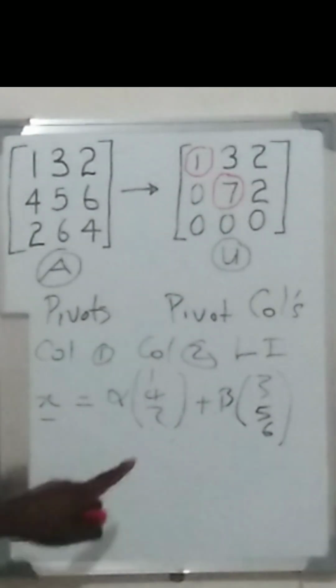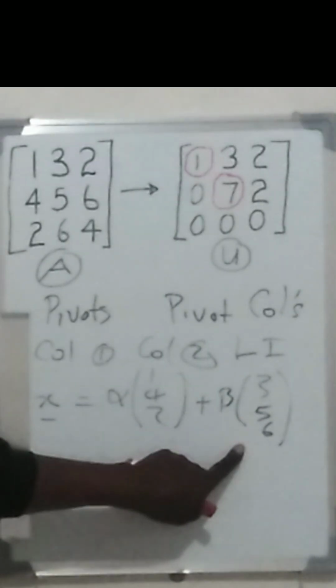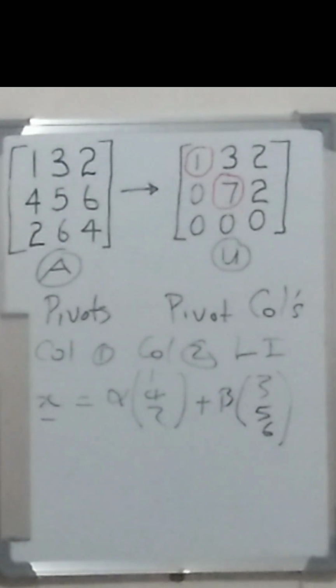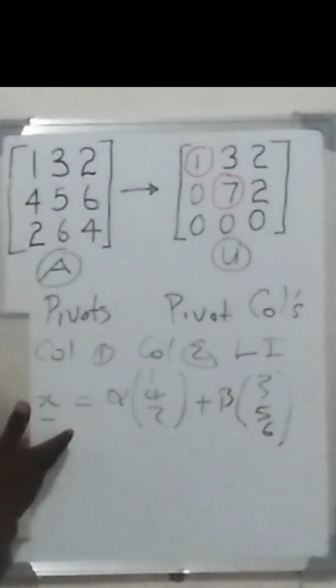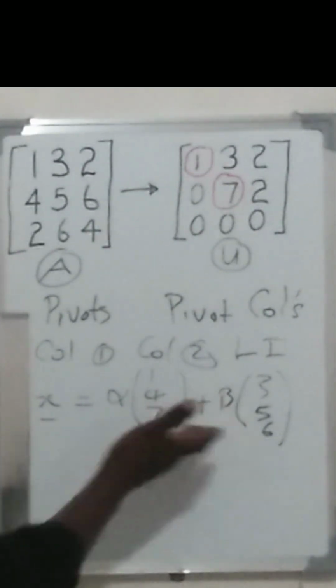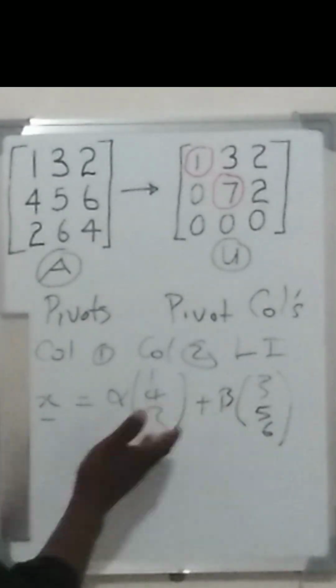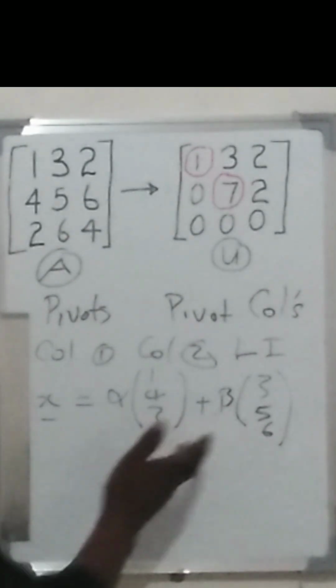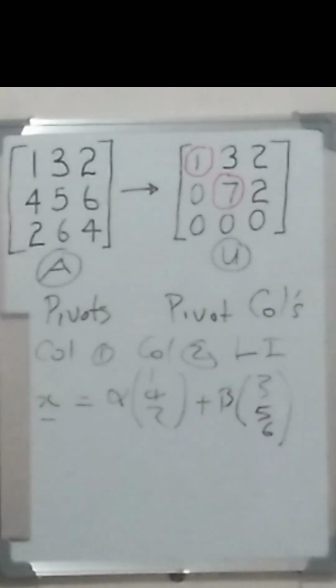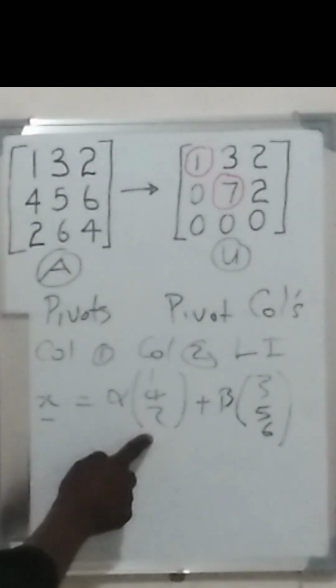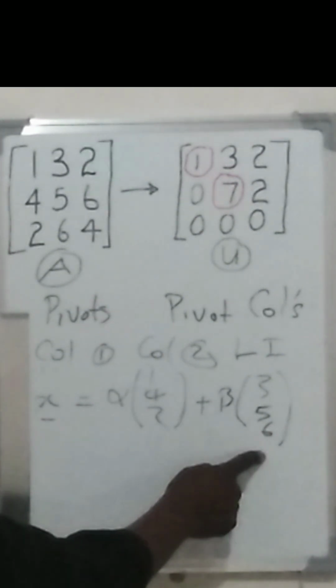And remember, they are linearly independent. So what is column space? The column space is a set of all the vectors which are in this linear combination of these two vectors. Now, we also say that the column space is spanned by these two vectors.